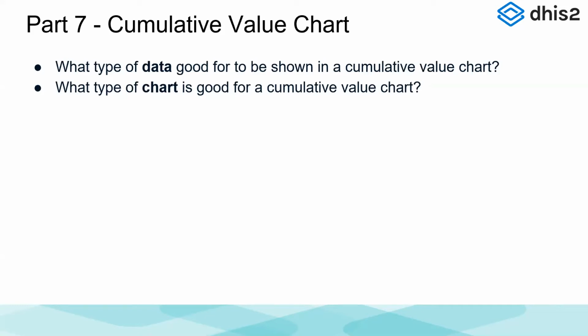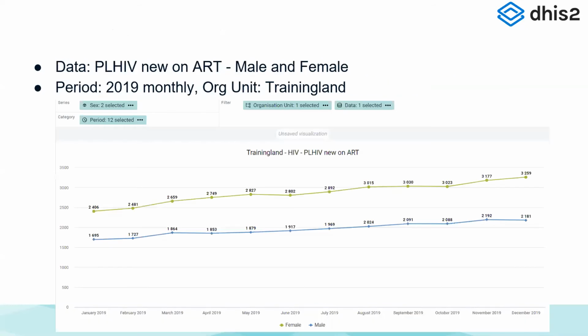And the chart type, yes, a line chart is a good chart to show a cumulative value. And if somebody wants, you can use a bar or a column chart also. So a time series line chart would be a good option, I think. So we will try cumulative values on this chart. The data we are using is patients living with HIV, new on ART.